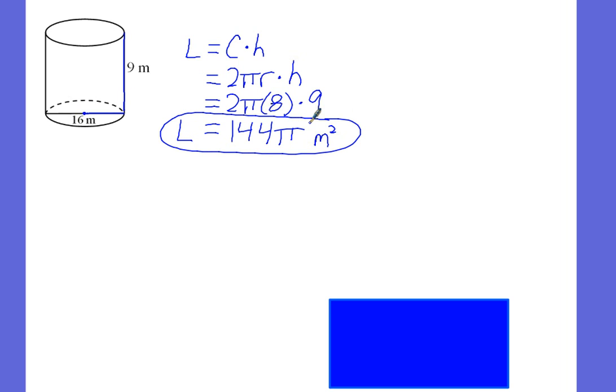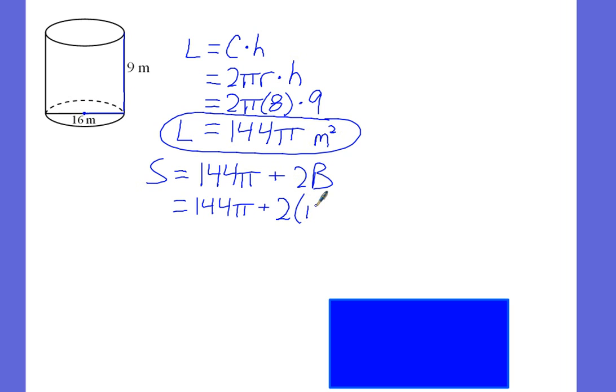Okay, let's go ahead and find total surface area, which we know is always our lateral area, right? All the space around the figure plus two bases. So I'm going to start off with writing our lateral area that we just found, 144 pi plus 2B. Okay, and filling that in, that would be plus 2 times the area of our base, which is pi r squared.